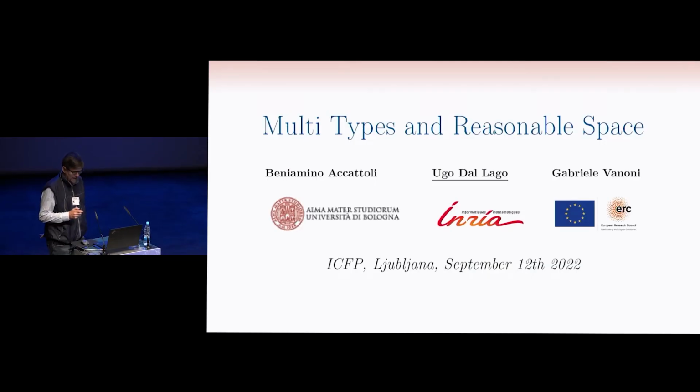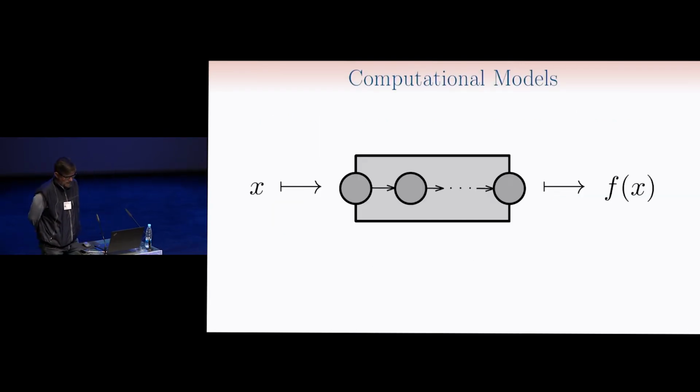So let's start by talking about reasonable cost models and reasonable computational models. A computational model is, if you like, an automaton-based way of computing functions. From any input x, you represent the input x as a state of your automaton, and by little elementary steps, you go towards a final state from which you can extract the result, namely the value of your function on x.